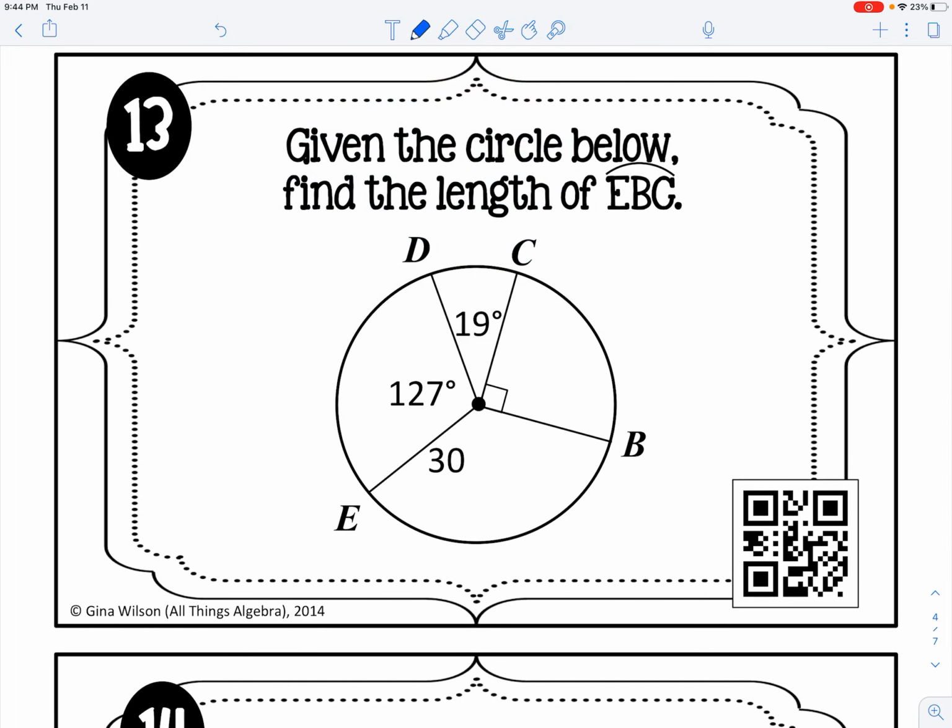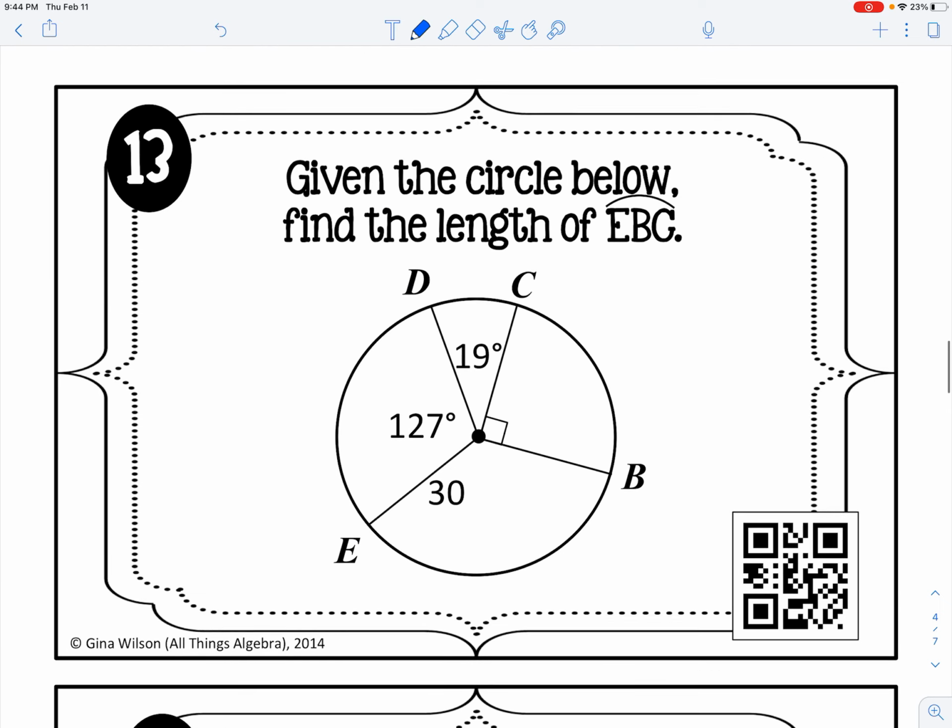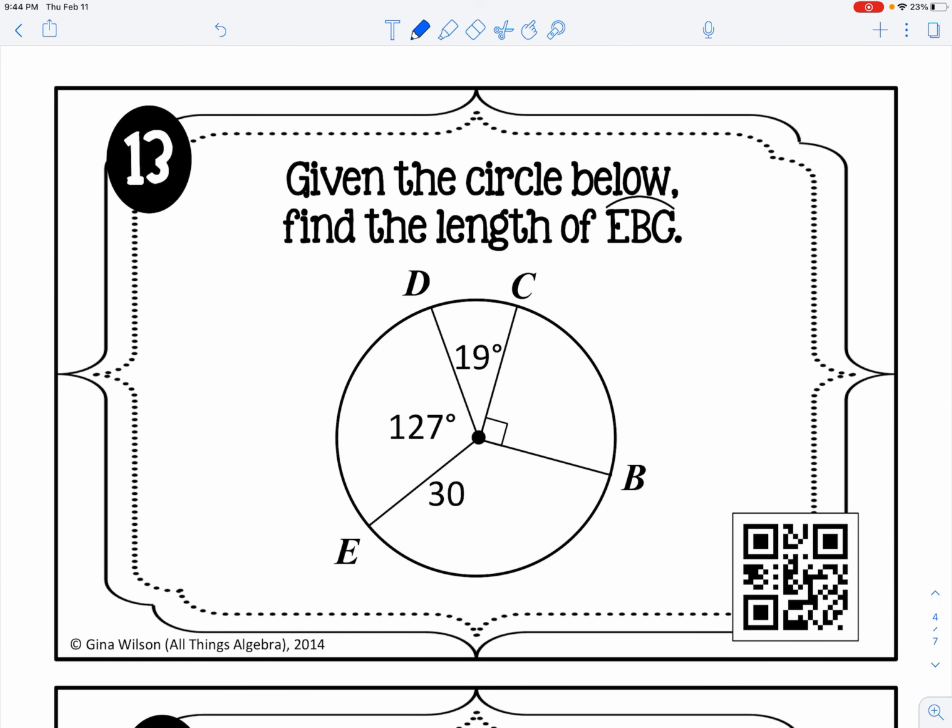All right, let's do number 13 here. Given the circle below, find the length of EBC. Again, we need to know two things before we start: our radius and our angle.